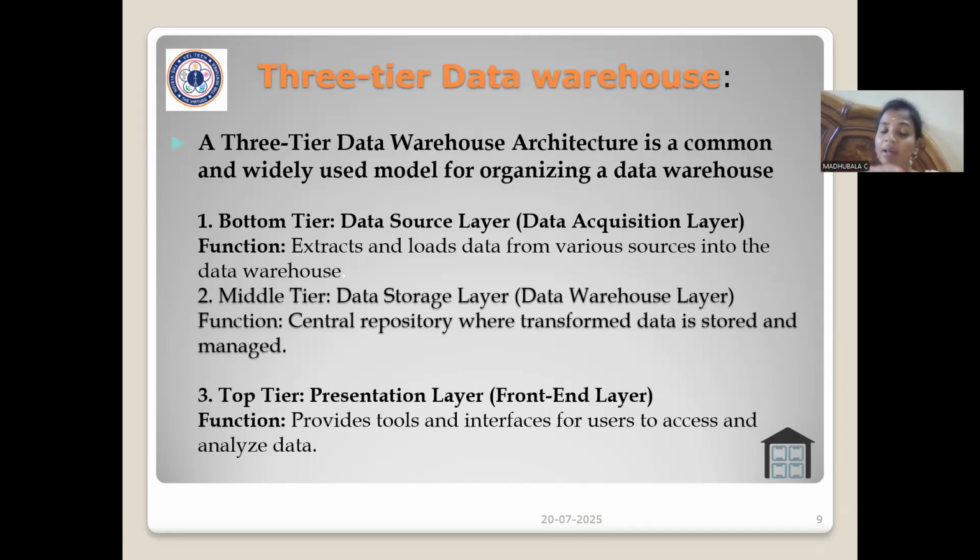This is what happens in the top tier. For example, Power BI and other querying and reporting tools are all examples of this top tier. This tier facilitates data mining and exploration, enabling users to extract valuable insight from the data. So this is what happens in the bottom tier, middle tier, and top tier of data warehousing.